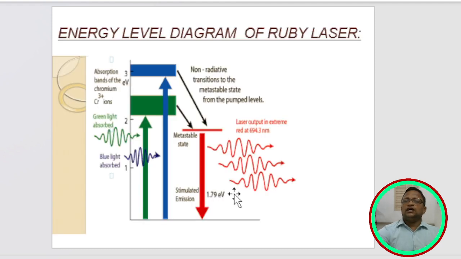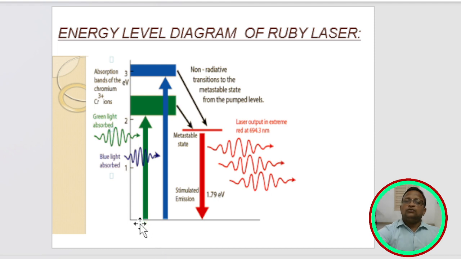Let me show the energy level diagram of the ruby laser. It is clear that this is a 3-level laser system. This is the lower energy level, indicated by number 1, this is the second level, which is also called the metastable state, and the third one is a higher energy level.